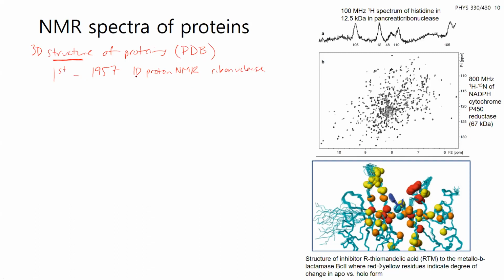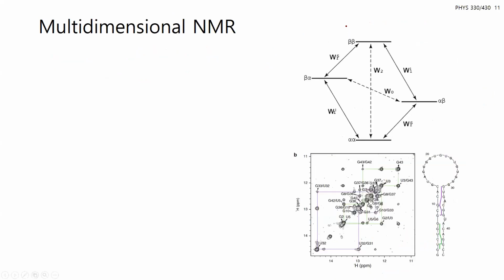But traditionally, 1D NMR is very challenging for getting structures of proteins, and I'll show this on the next slide. Here's an example of a 1D NMR of just the histidines in this very small protein. These have broader peaks, and this is just looking at one amino acid within that protein.